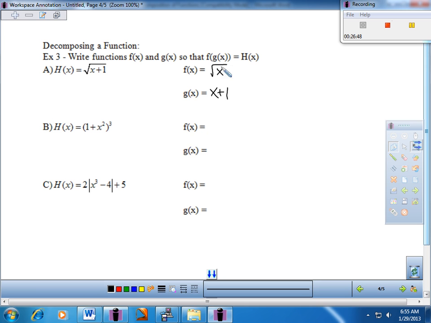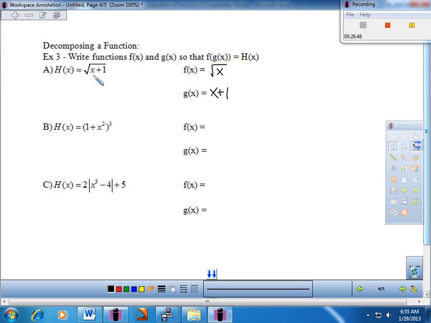Now again, the first time is always the hardest, but if I asked you to do a composition f composed of g of x, wouldn't this replace the input here, and wouldn't we get this piece over here? And the answer, I hope, is yes. So in this particular case, the function within the function is g of x. And then whatever we pull out as our g of x just gets replaced with your basic input.